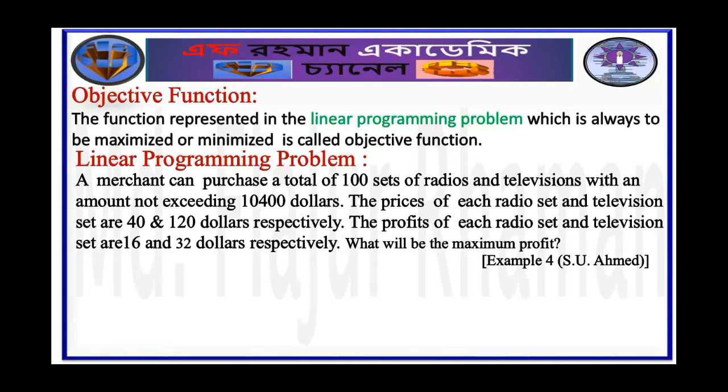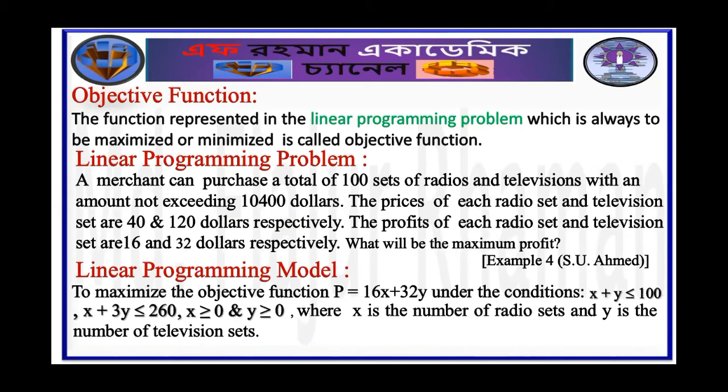What will be the maximum profit? Linear programming model: maximize the objective function P = 16x + 32y under the conditions x + y ≤ 100, x + 3y ≤ 260, x ≥ 0, and y ≥ 0, where x is the number of radio sets and y is the number of television sets.